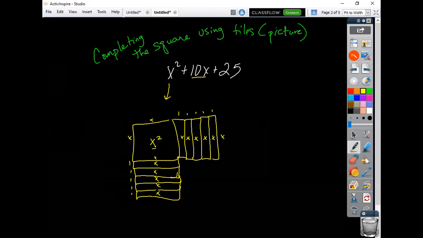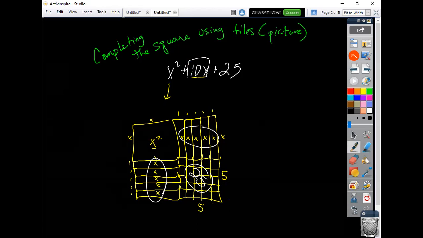And then last but not least, out here, if you continue these lines out and down, everything is 1 by 1. So this is 5 1s this way, 5 1s this way. So inside of here, we do have my 25. So there's my 25. 5x's and 5x's make this 10x, and my x squared right there.